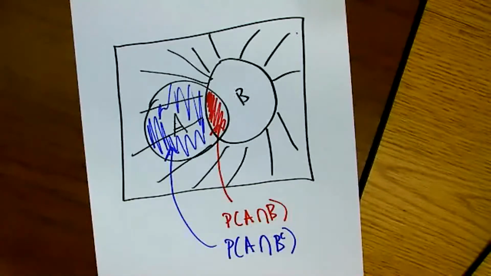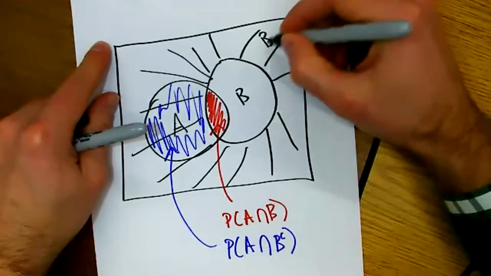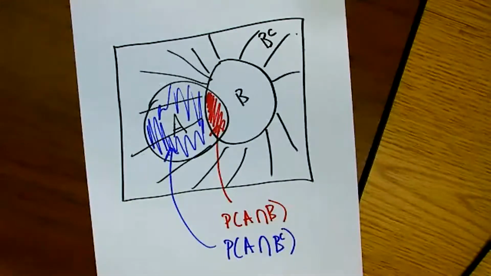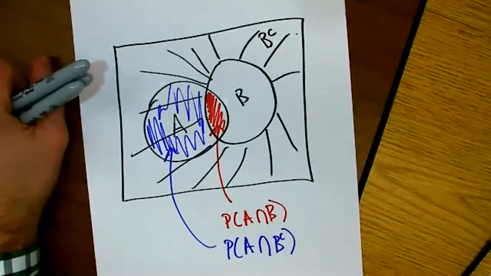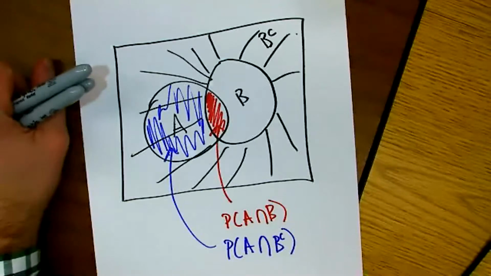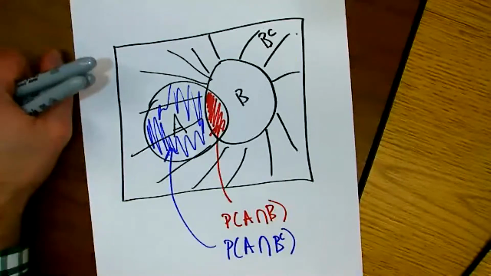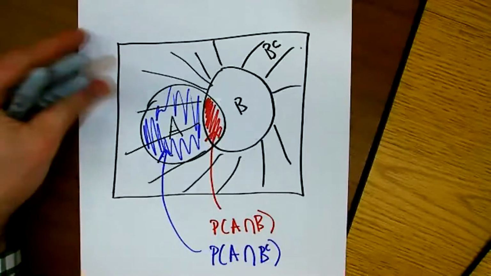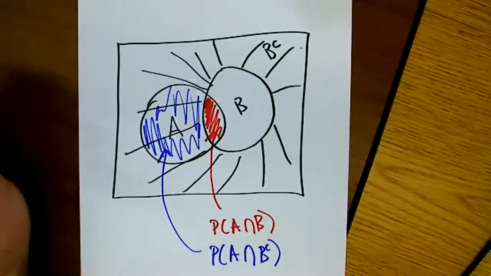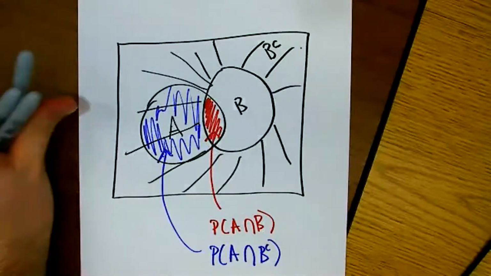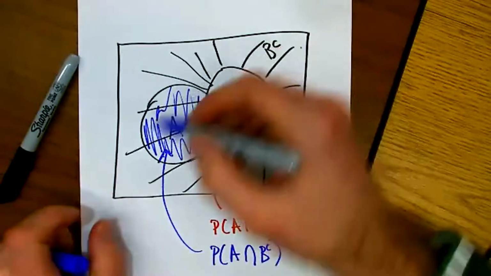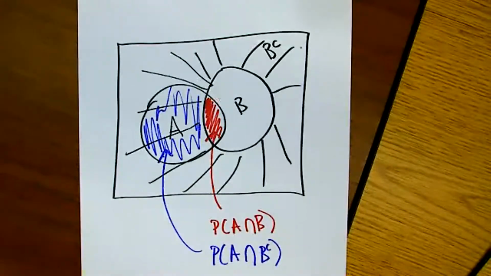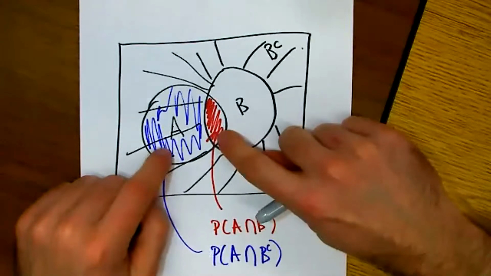And just as a reminder, the shaded area we were thinking about was our B complement. Does that make sense? Are there any questions on that? Okay. So the whole circle of A, that's the probability of A intersection A? Yeah, so if we want the entire circle of A, that would be like adding up the blue and the red areas.